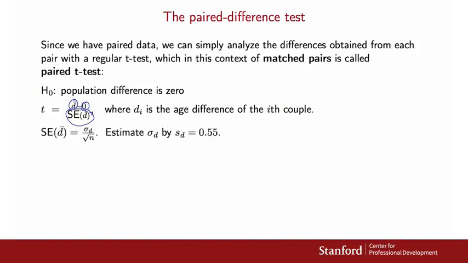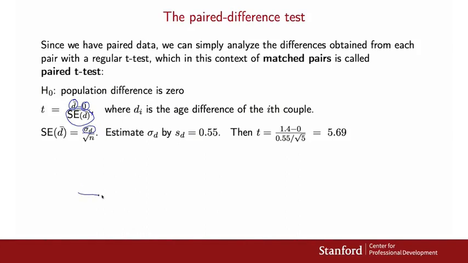Now, the formula for the standard error of the average is the standard deviation in the population of the differences divided by the square root of the sample size. And again, we would simply estimate sigma by the sample standard deviation of the differences, which is 0.55. Plugging this in, we find that our t-statistic is 5.69.